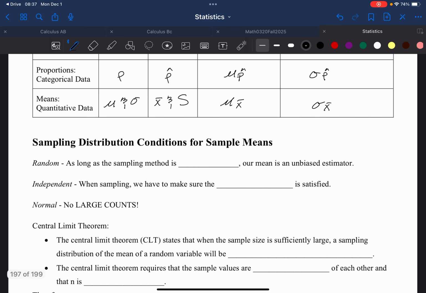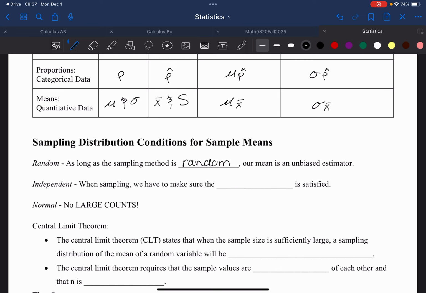Okay, so sampling distribution conditions for sample means. So we're still doing those three conditions, the random, independent, and normal. So random, as long as the sampling method is random, our mean is an unbiased estimator.